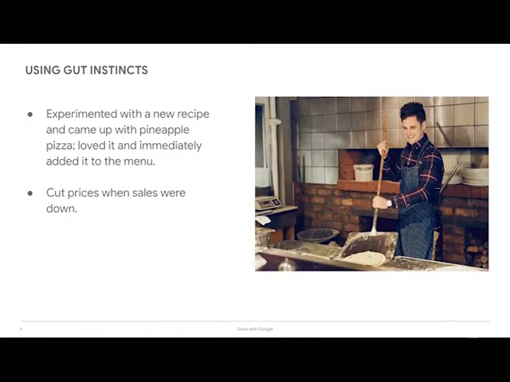When his sales were down, rather than employing other tactics, he would just cut prices and try to sell more that way. So these gut instincts, we're going to take a look at them, look at his real data, and see whether or not he was on the mark or not in making these decisions.